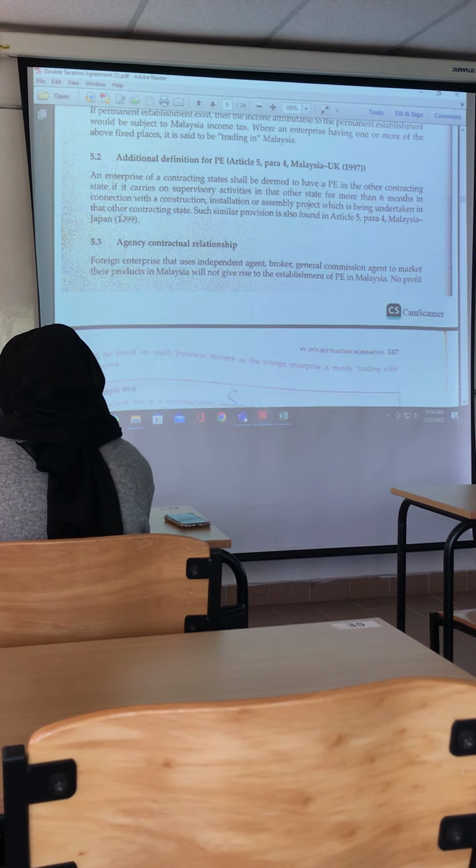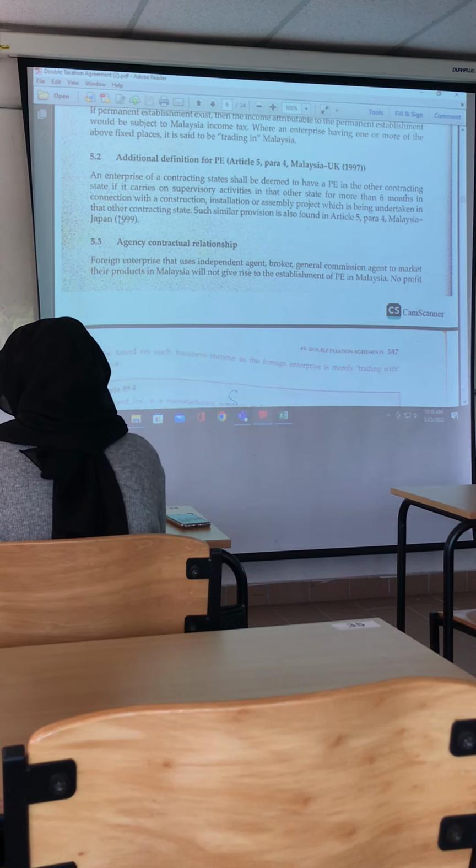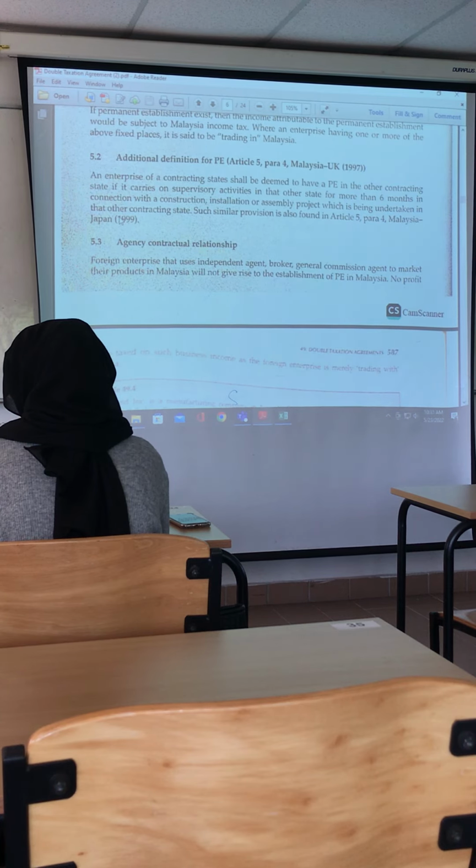Agency contractual relationship. So number agency, when you have an agent. Sometimes companies, because they don't want to have a PE in Malaysia, don't want to open up an office in Malaysia. So what they do is that they appoint an agent, whether in Malaysia or other countries.